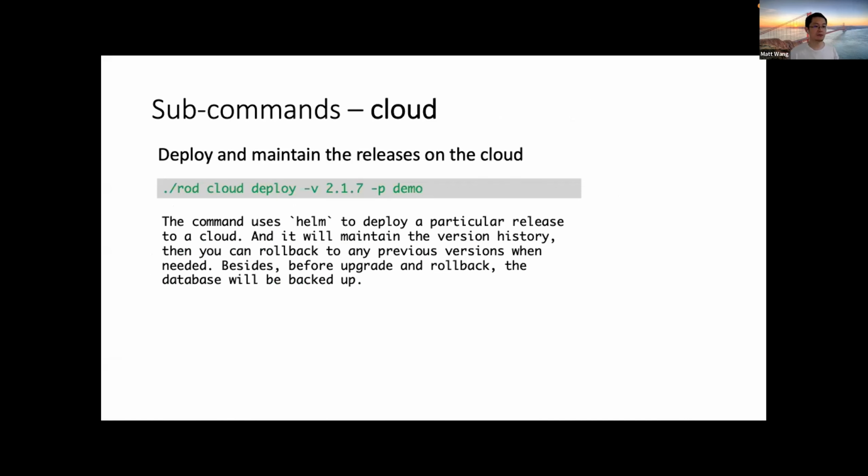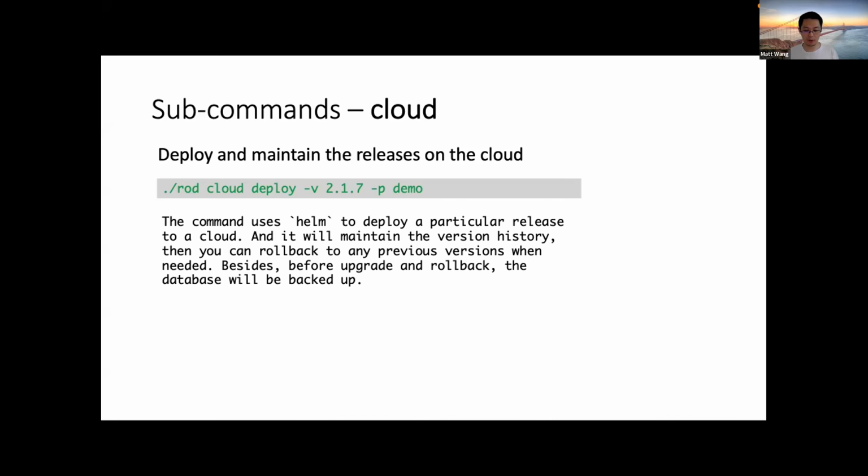And here's the command. I'm still developing it, and we call that cloud. We use raw cloud deploy. We just give the version, and we just give the deployed name, and then we can push the current release to the production environment. Basically, the command just uses Helm to deploy a particular release to cloud, and with Helm support, it maintains the version history, so you can roll back and you can upgrade your release.